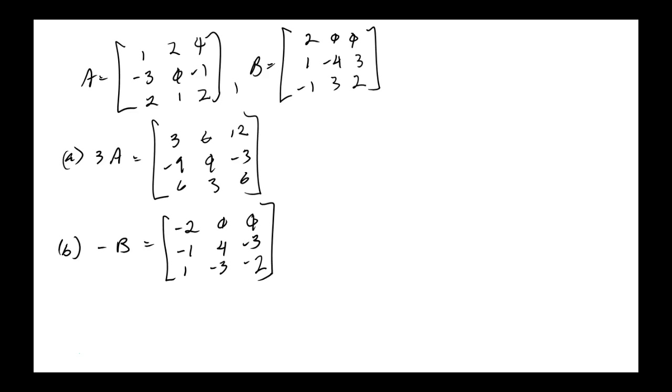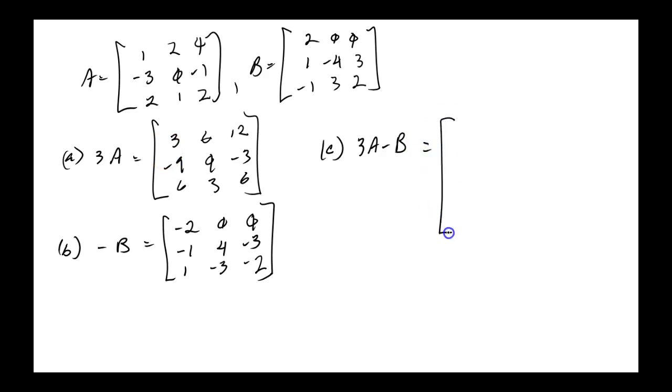Now the C part says to do 3A minus B, which is just adding 3A to -B.